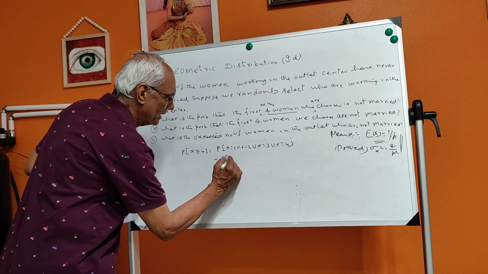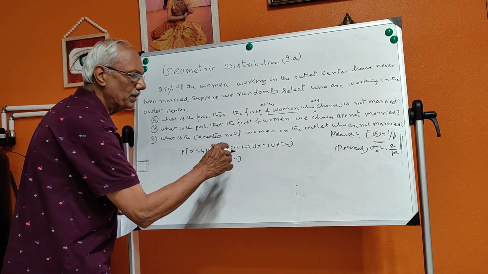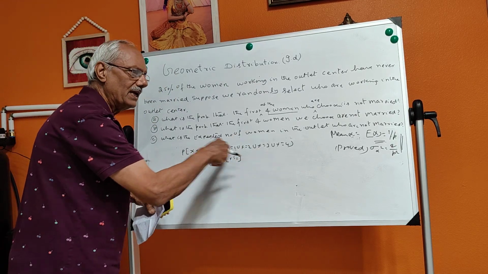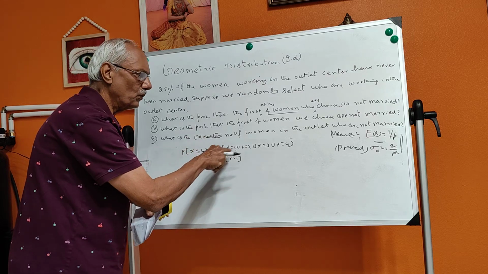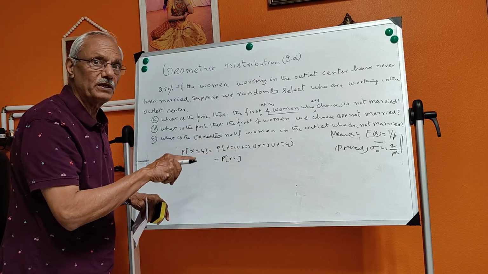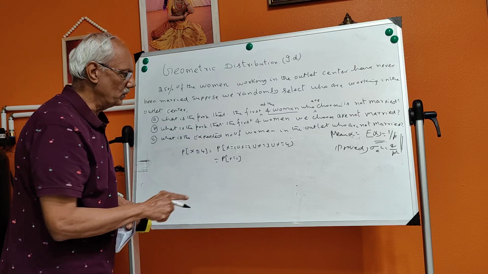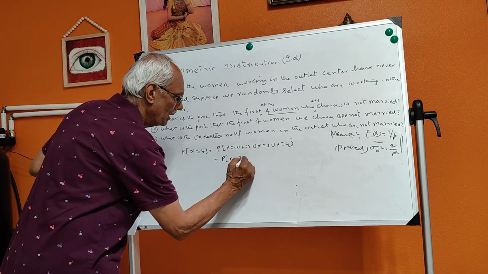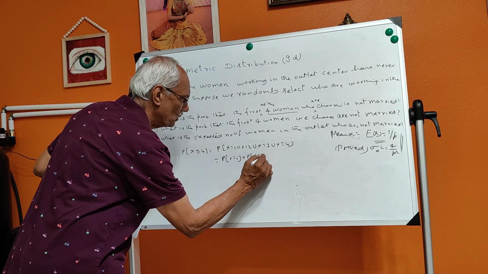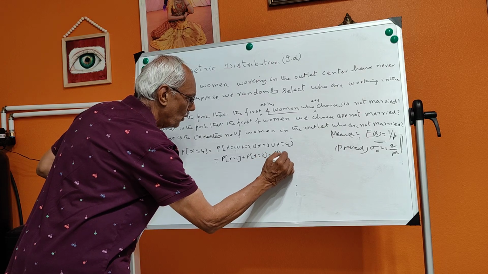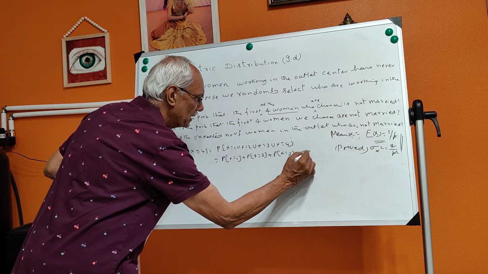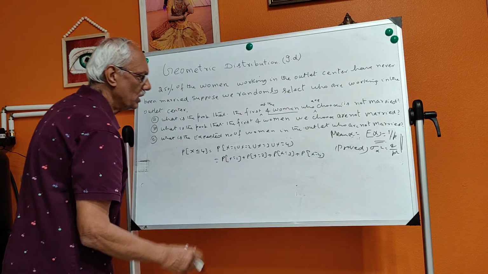So this is P of x equals 1, because the trials are independent, therefore the probability of a sum is the sum of the probabilities. So P of x equals 1 plus P of x equals 2 plus P of x equals 3 plus P of x equals 4.